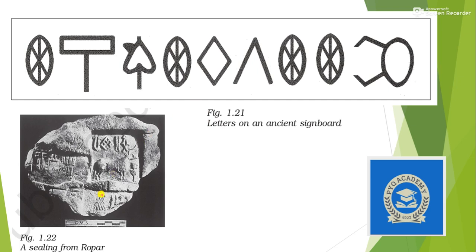Now, coming to a sealing from Ropar. So yes, you can see here, this is an engraved seal. What was suggested by the archaeologists is that seals were not only used to buy or sell something, but were also used as a seal. Okay, suppose a good is being transported from one place to another.